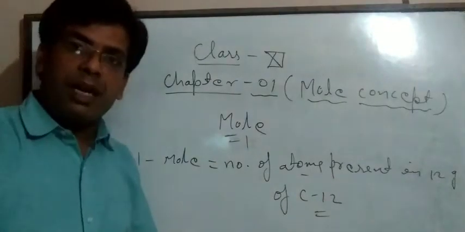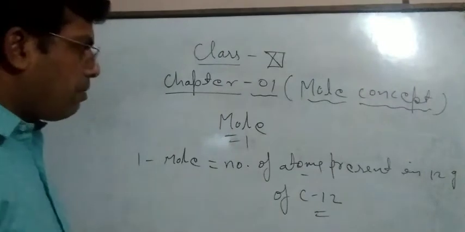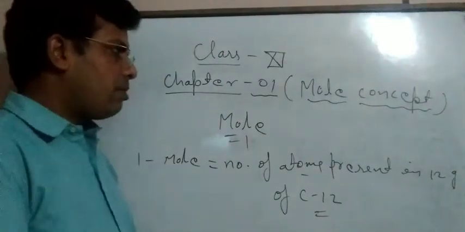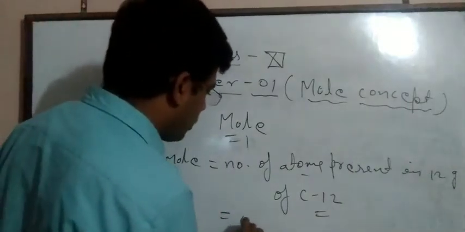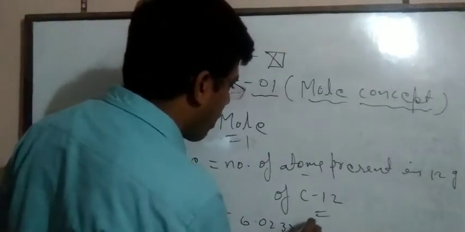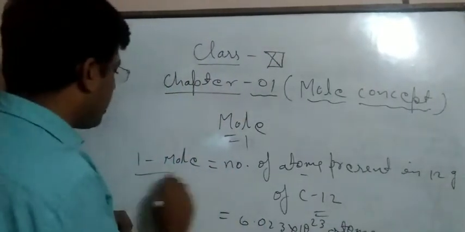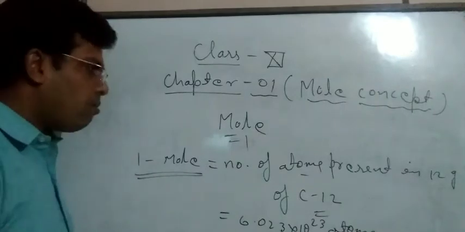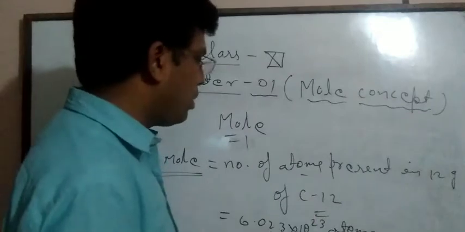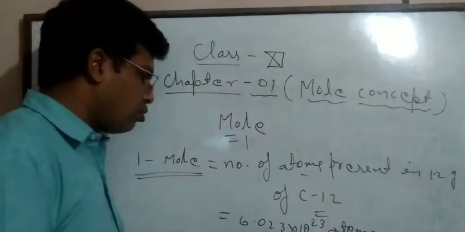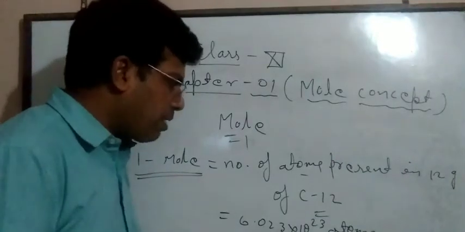It was experimentally found that 12 gram of C12 contains 6.023 into 10 to the power 23 atoms. So 1 mole is equal to the number of atoms present in 12 gram of C12, and this is equal to 6.023 into 10 to the power 23 atoms, which is known as the Avogadro number.